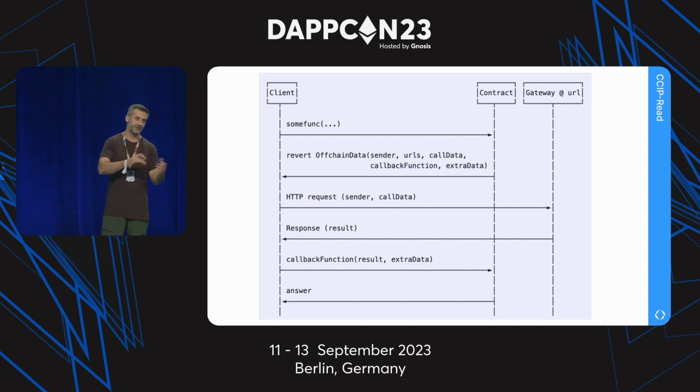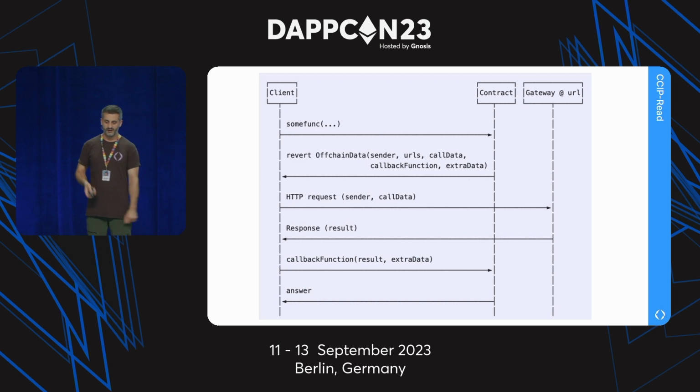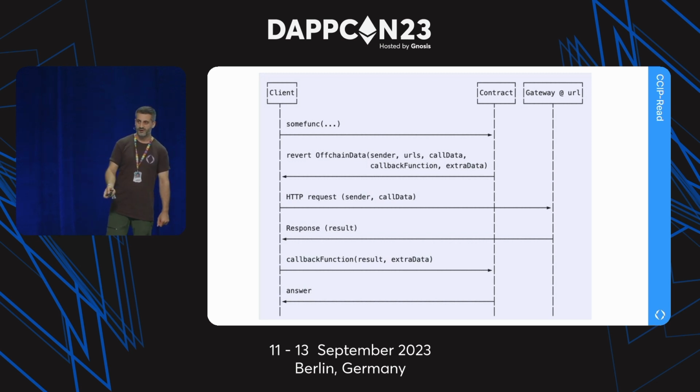It's a kind of trustless. Instead of the regular bridging or message passing, anybody who can use CCIP read can do this. Your client just calls the smart contract just like any other smart contract call. So it's just some function.